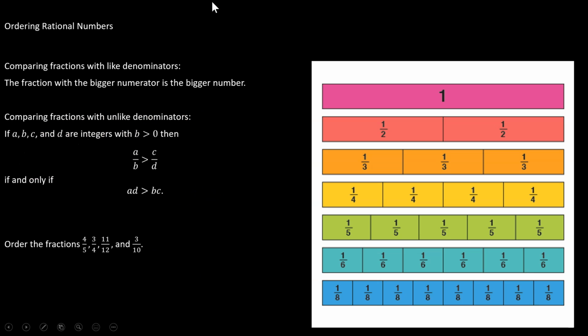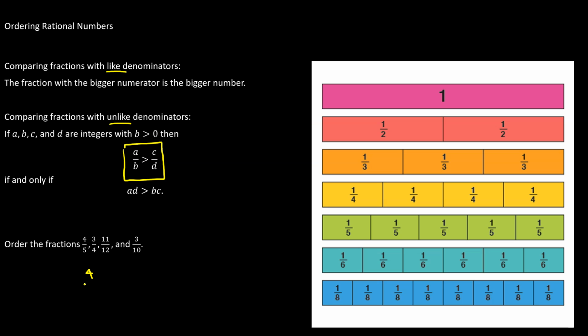Without using a picture, we can order rational numbers depending on what the fractions look like. If they have the same denominator, then we just compare the numerator. However, if the denominators are different, then we can create this inequality statement and test to see if it's true. So for example, we have 4 fractions at the bottom of the screen, and we can test to see which ones are larger.